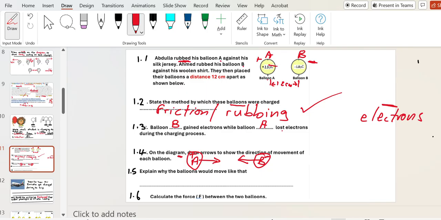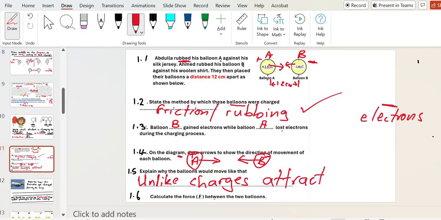Or you can draw here. Okay? They come together. Explain why the balloons would move like that. They are attracting. So you say unlike charges attract.